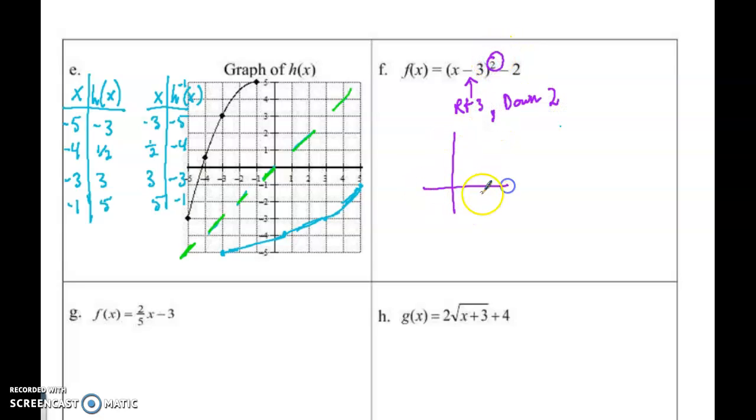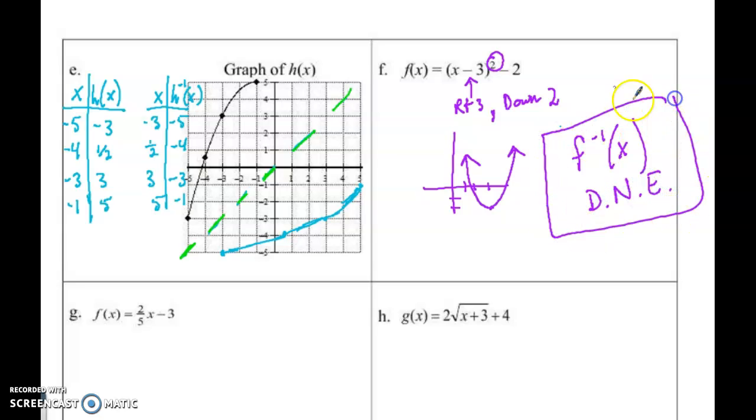So if you were to try and graph this, this fails the horizontal line test. So f is not one-to-one, and we can say that the inverse does not exist. So something like that, and you can mention that it fails the horizontal line test. Something to let me know that you understand.